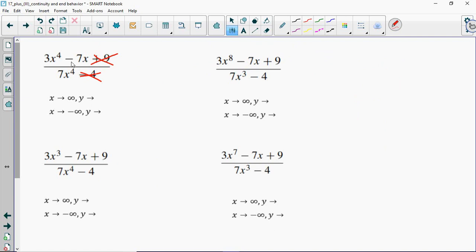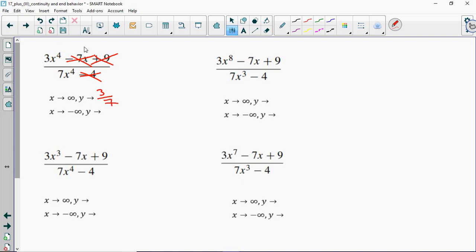The fact that I'm subtracting 7 of those really, really big numbers really doesn't affect this value at all. This is just so much larger than this term that I can actually ignore that. And what we're left over with is 3x to the 4th divided by 7x to the 4th. And you know what? Those x to the 4ths can cancel, leaving us with 3 over 7.